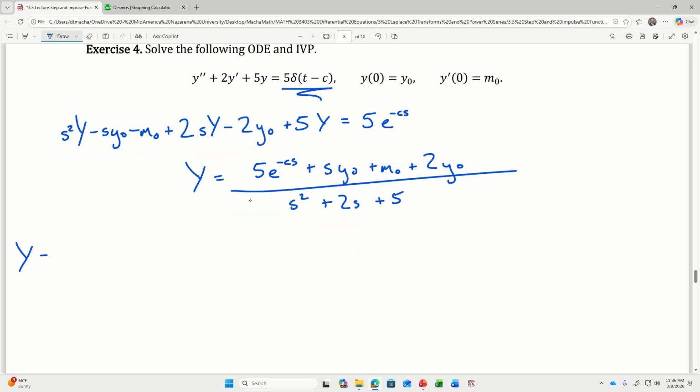And then now it's going to be 5 e to the negative cs times 1 over... Is that an irreducible quadratic, or can I factor it?